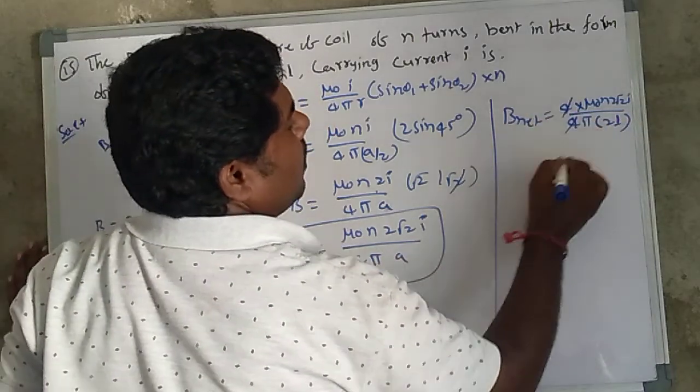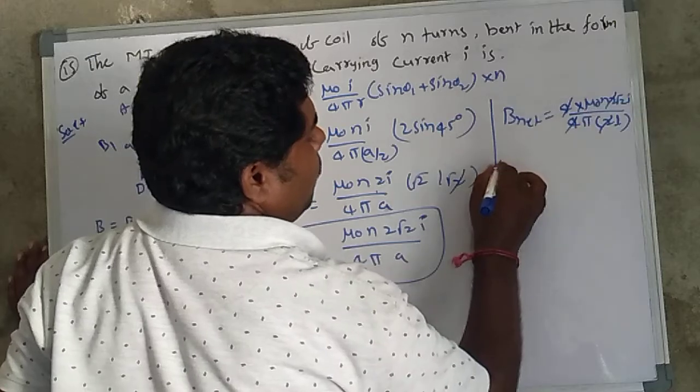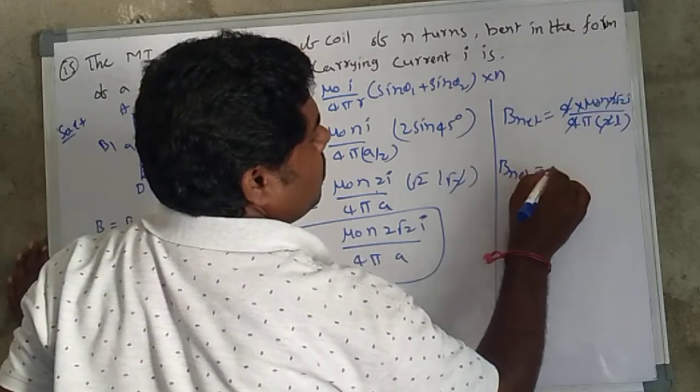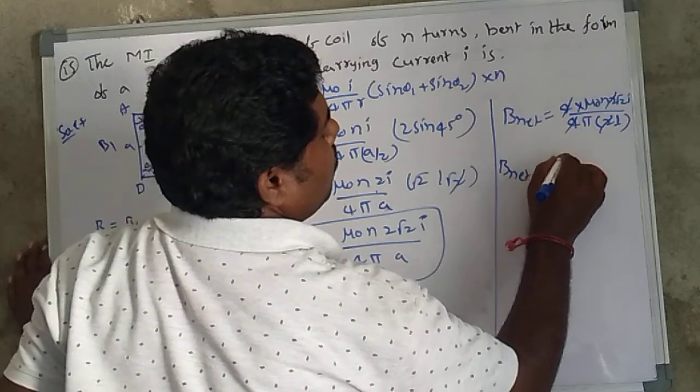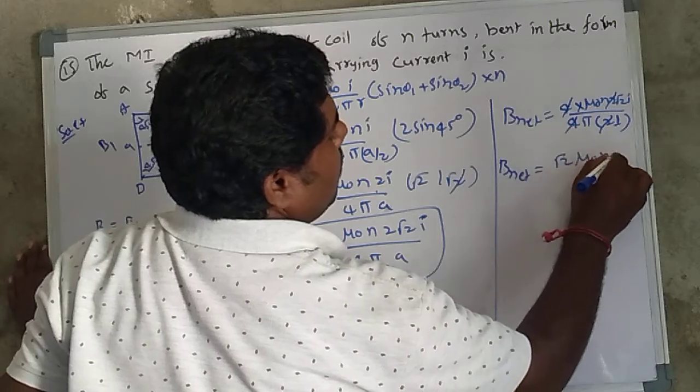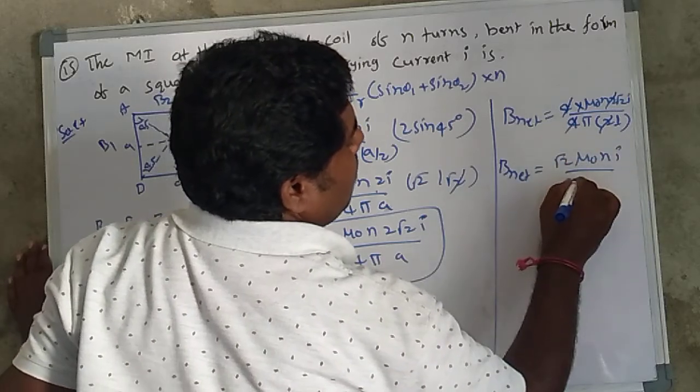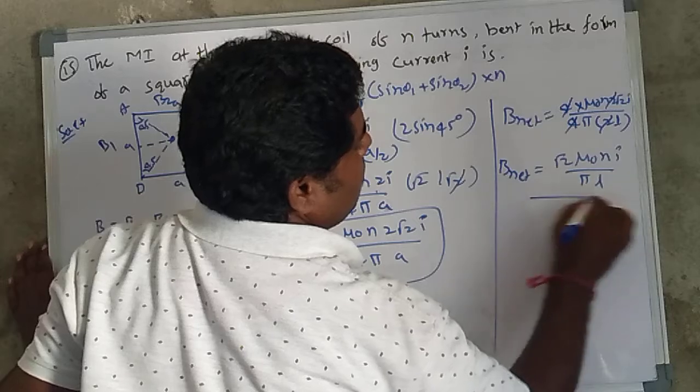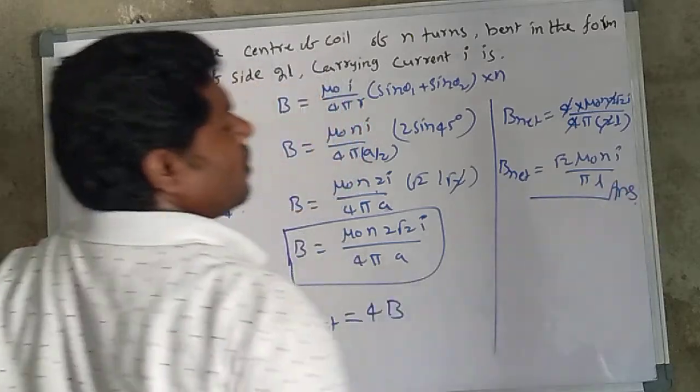This 4 gets cancelled, this 2 gets cancelled. Final net magnetic induction is equal to root 2 mu naught N I divided by pi L. This is the answer to the question.